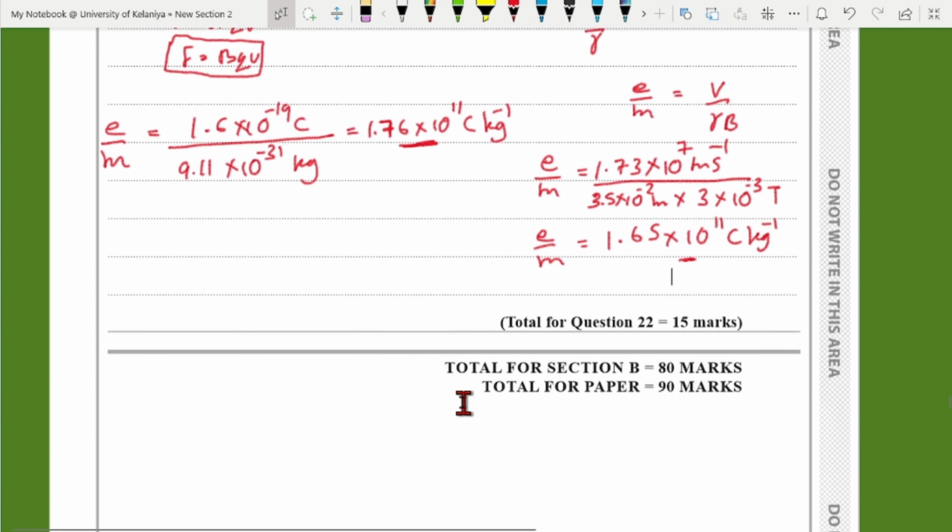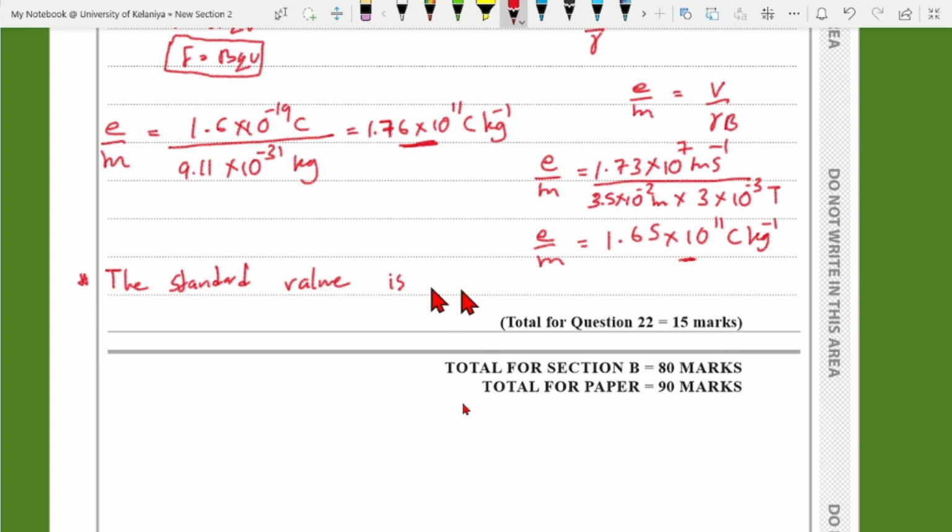Then you have to write your conclusion about this. The standard value is a little higher than the experimental value.